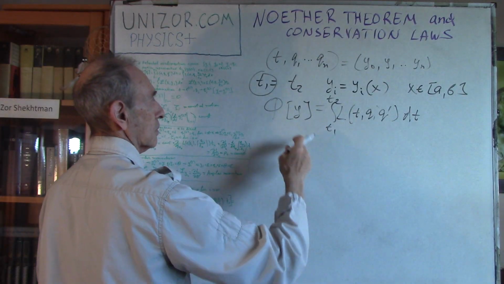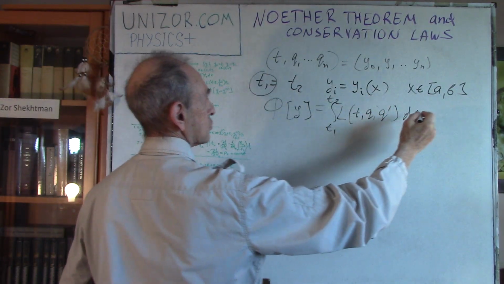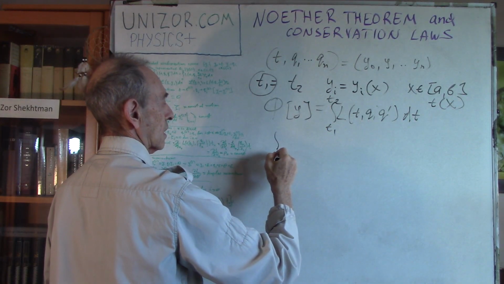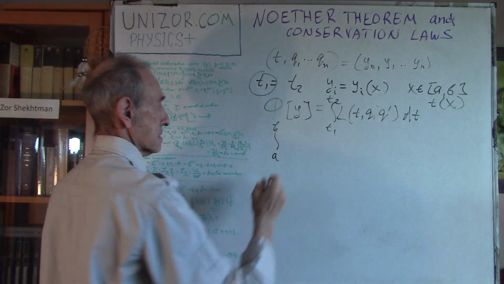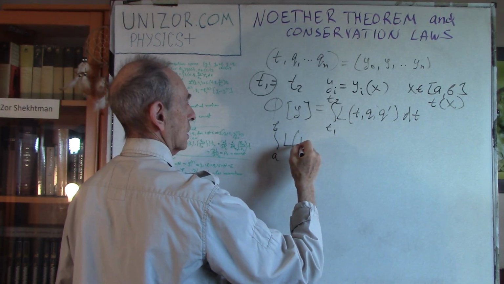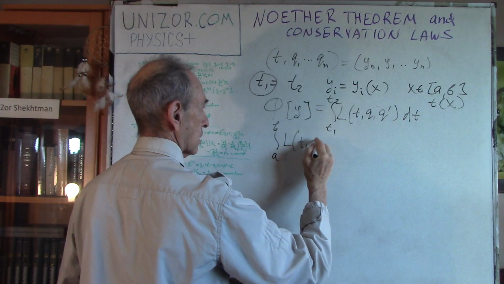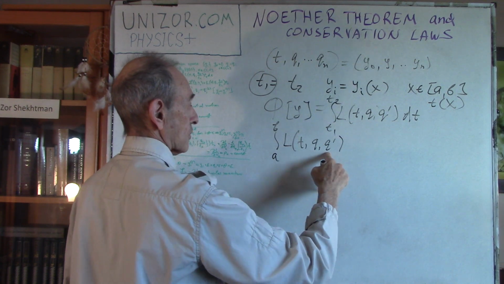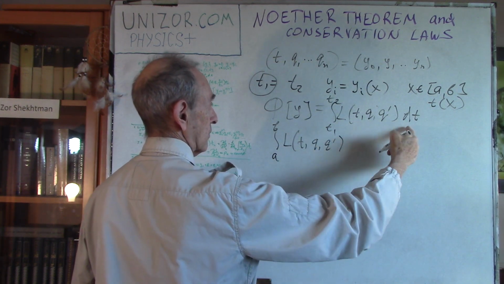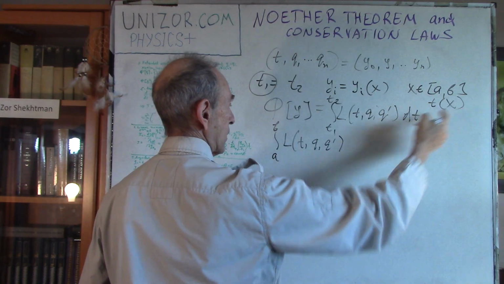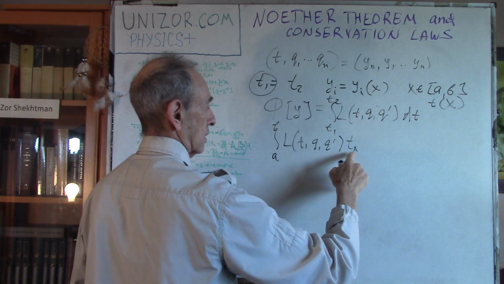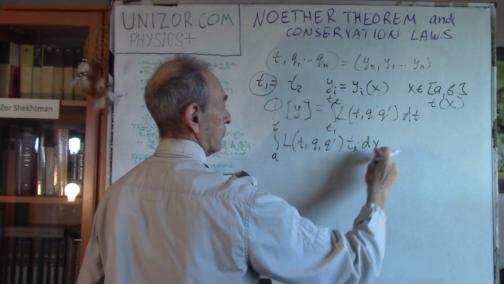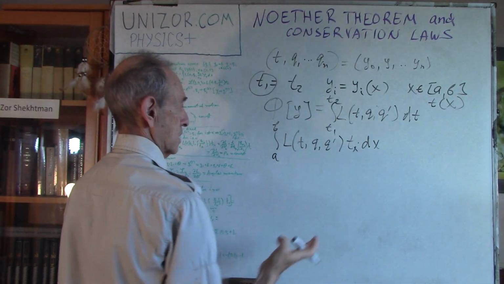But at the same time, we can do this substitution, since t is a function of x. So I'm substituting the whole integral as an integral by x of L of t, q, q prime. These are functions of x, and instead of dt, since t is a function of x, the index x means the derivative by x, times dx, because dt is the derivative by x times dx.